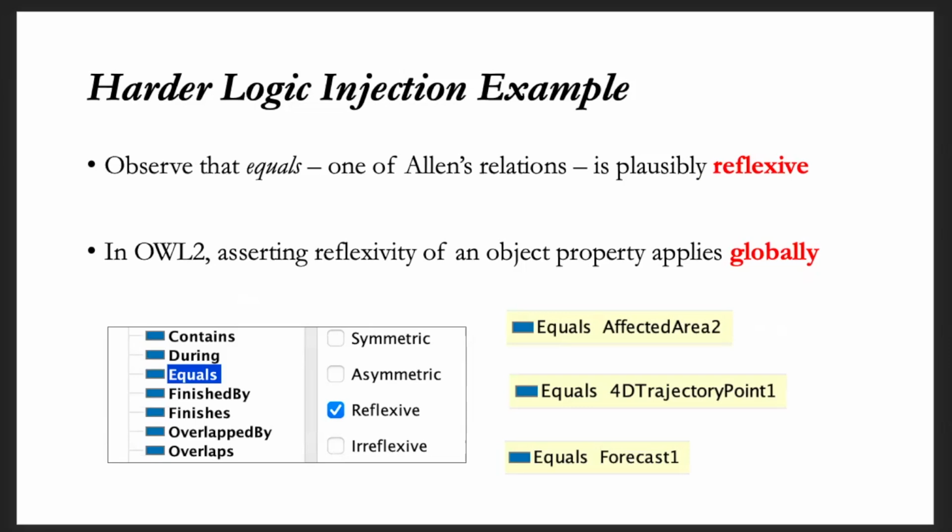They fell out of the reasoner. That means equals applies to everything in the domain. And these entities you're seeing over here, affected area 2, 4D trajectory forecast, those are all instances in the domain of this ontology that I was building. Equals is supposed to hold between intervals, not forecasts, but it applies to everything.